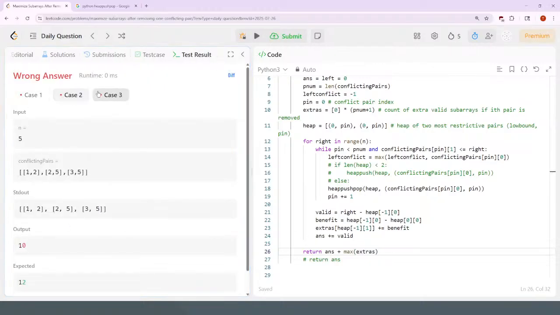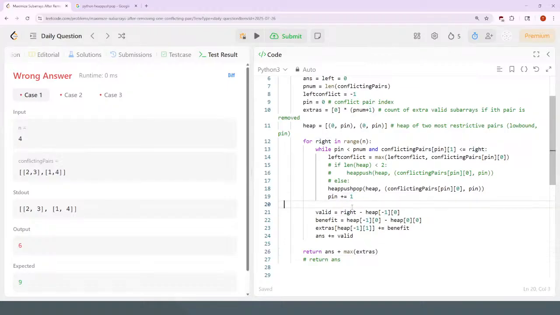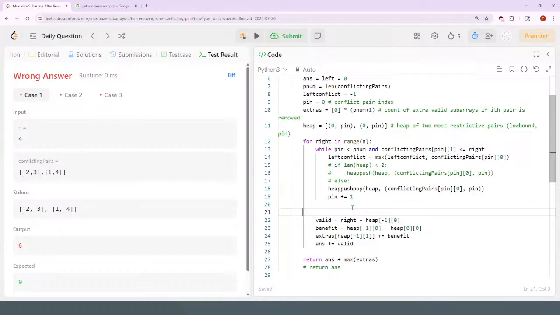Okay. Something's being done, even if it's not perfect, even if it's not correct. Every right index. Okay, let's go ahead and print out the right index and the current heap.